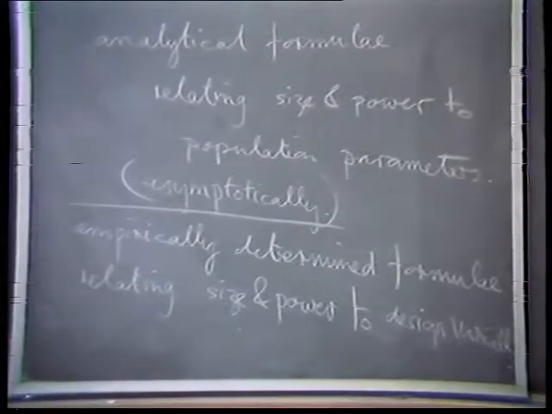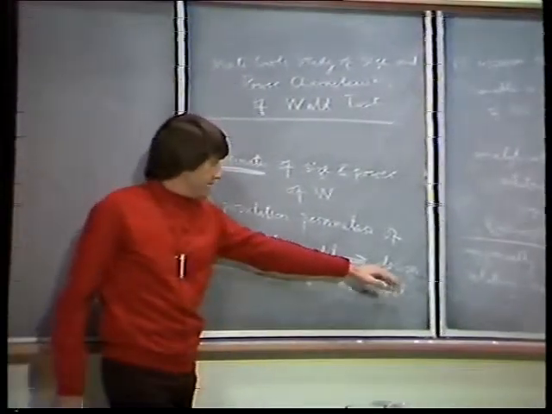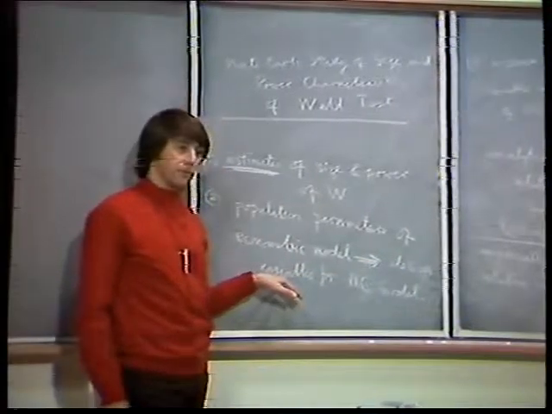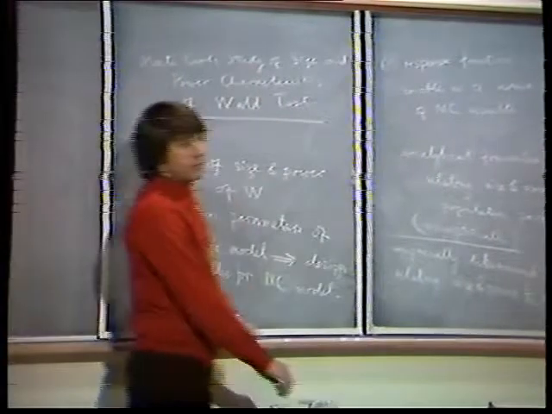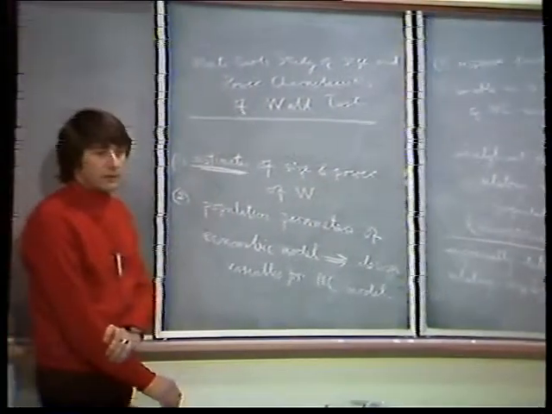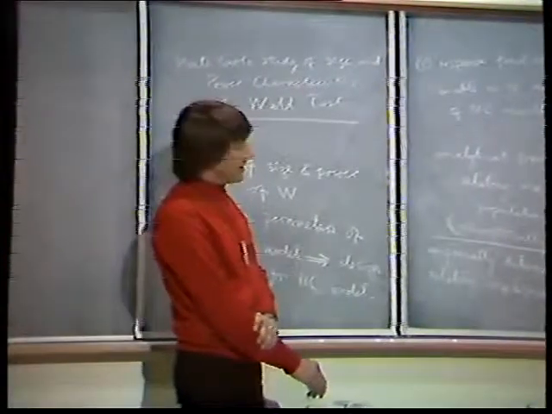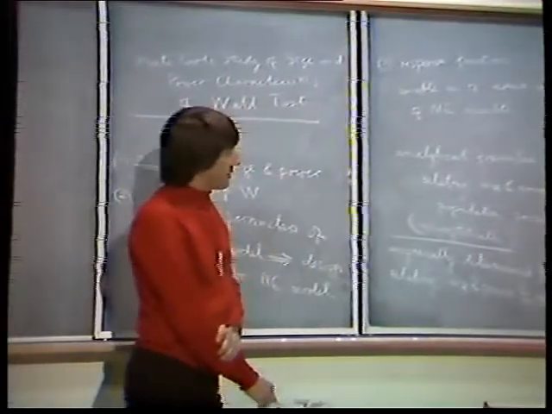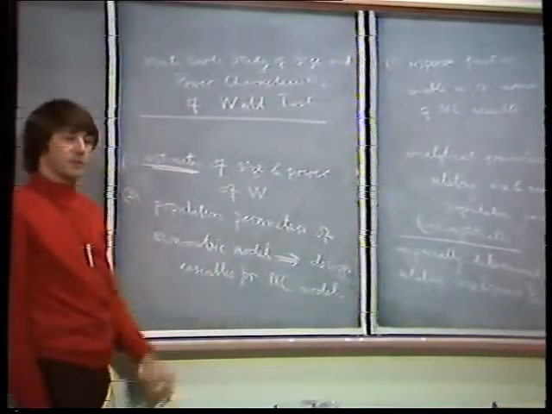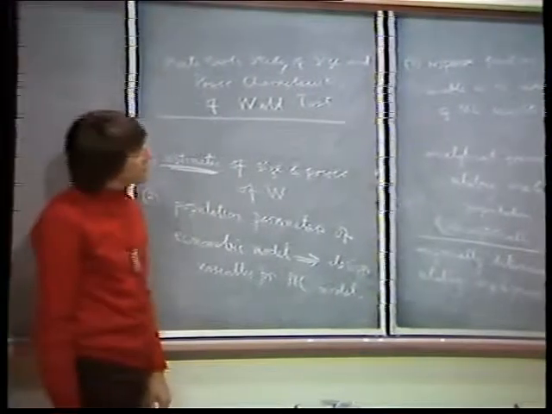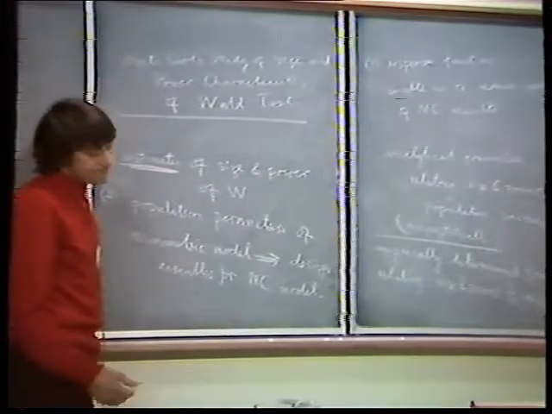So despite the fact that the Monte Carlo study can only be done for a small selected number of values for the design variables, if this response function, which is determined empirically, fits very well, we can use that relationship to predict what the size and power will be for values of the population parameters or design variables different from the ones we used in the Monte Carlo. And that helps to reduce the specificity of the Monte Carlo study.